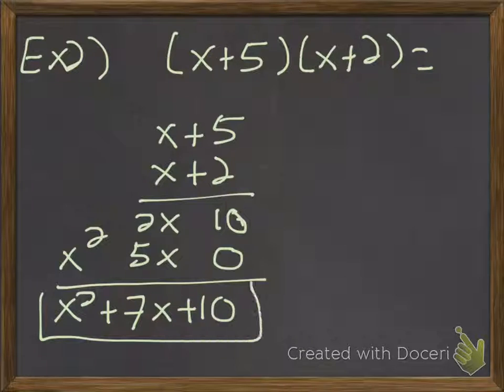So this is our final answer right here. There is a shortcut. You could do 5 plus 2 is 7 and 5 times 2 is 10. But the reason I'm cautious of using that is because it doesn't even work in an example like this.